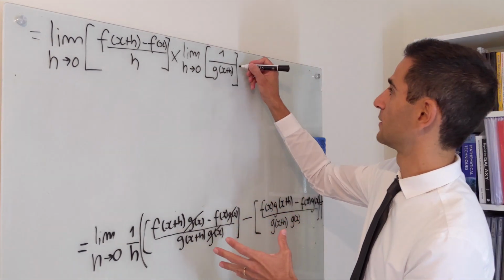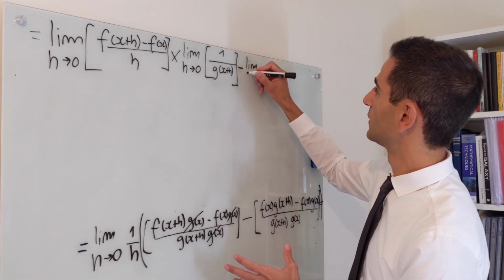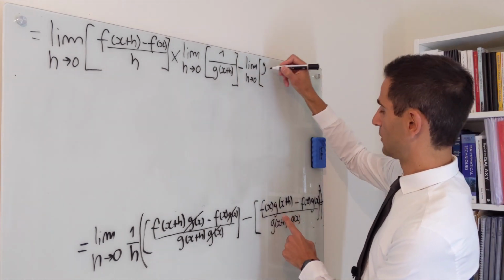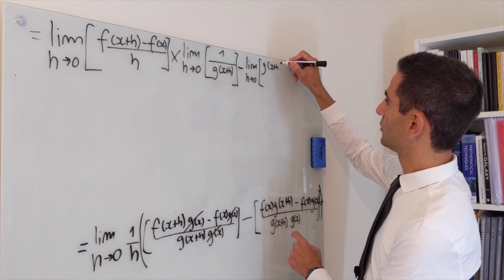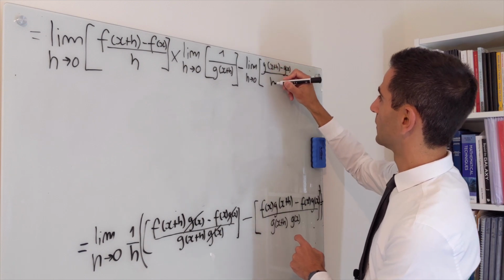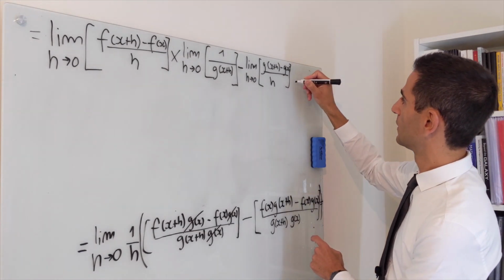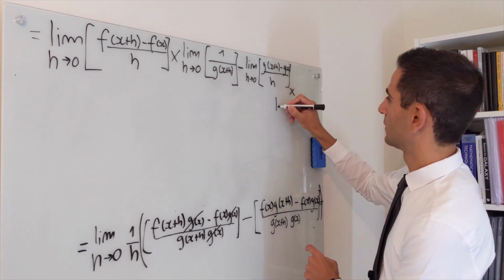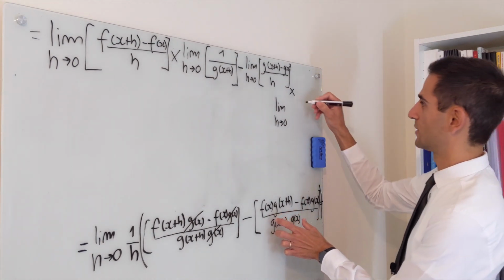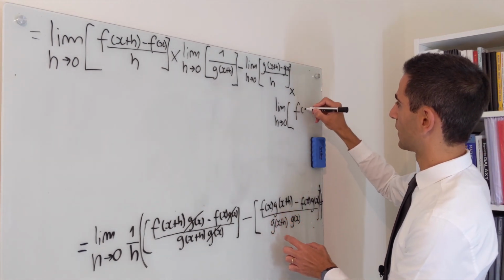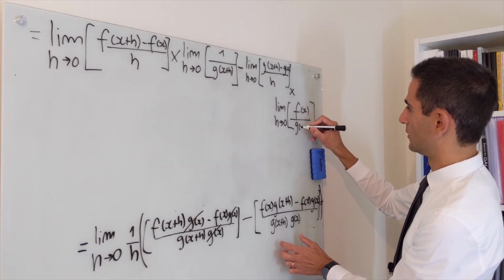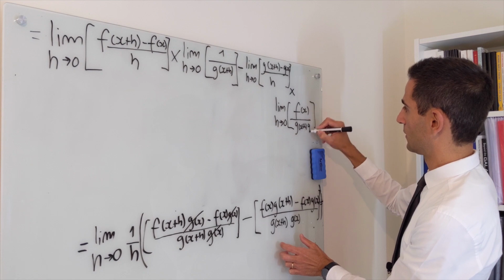Therefore, we can write this as minus the limit when h goes to 0 of g of x plus h minus g of x divided by h times the limit when h goes to 0 of what is left here, which is f of x divided by g of x plus h times g of x.